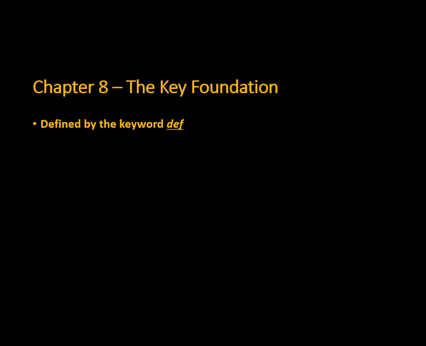When we look at a function, the first thing you need to remember is that it's defined by the keyword def, D-E-F. All right, and we'll look at a code piece here in a second, but let's break down the components to start with. Every function that we create is going to start with the word def, D-E-F. Pretty simple. Next, we're going to have an identifier, and that's the name of the function.